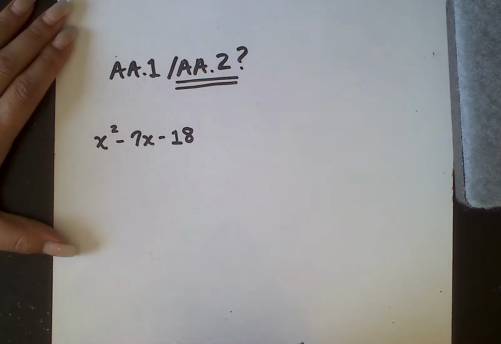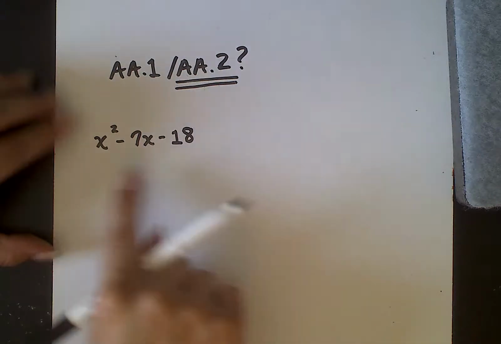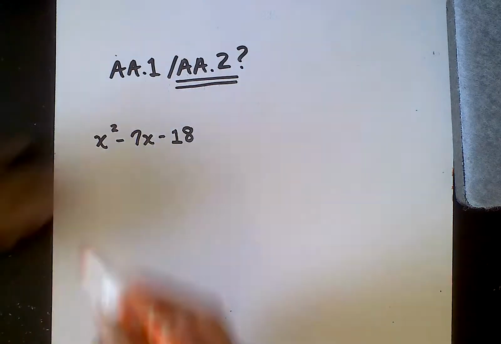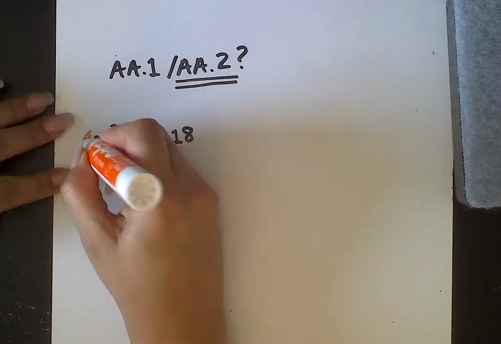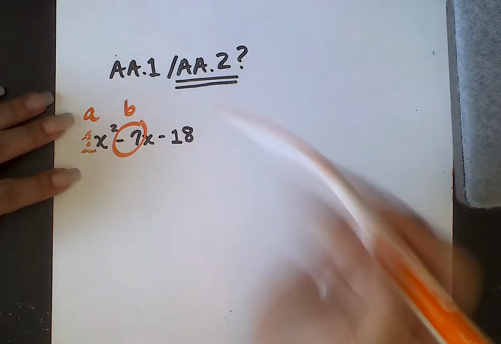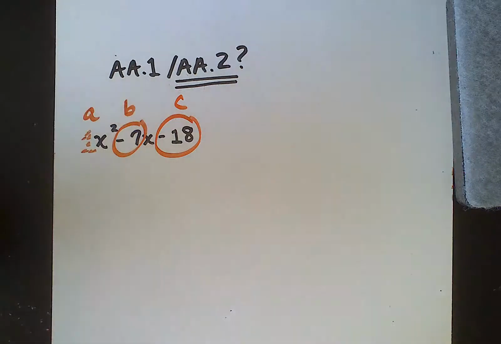Okay, and I'll help you out with the last 2, Amber. All right, now, whenever it comes to this, you'll notice that first you want to identify your A, B, and C. So A is 1, B is -7, and C is -18.